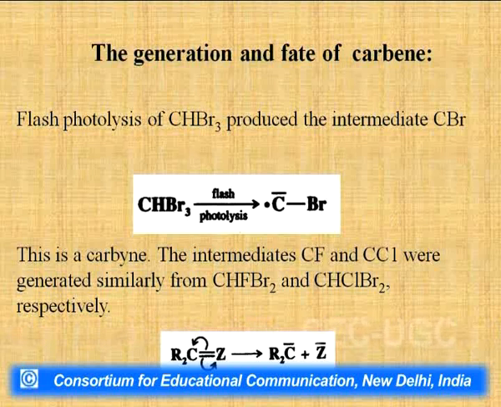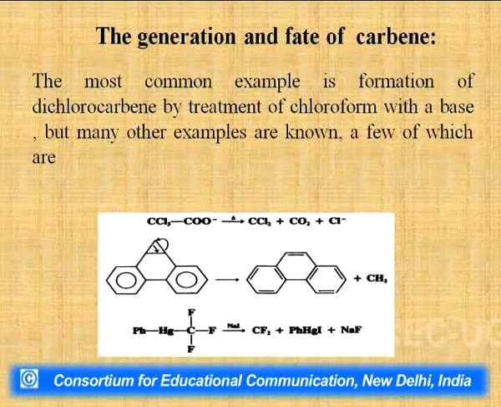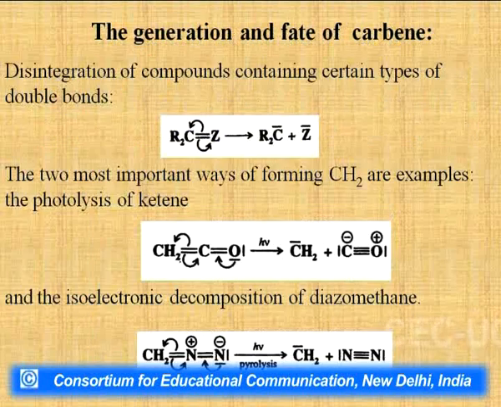The intermediates CF and CCl were generally generated similarly from dibromofluoromethane and dibromochloromethane respectively. The most common example is the formation of dichlorocarbene by the treatment of chloroform with a base, but many other examples are also known, a few of which are shown. You can see in the reaction how carbenes can be generated from different reactants.